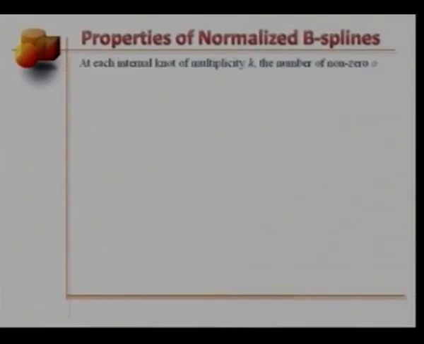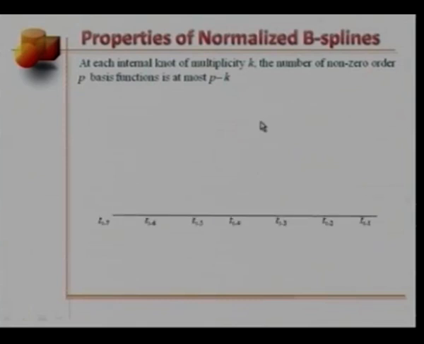For now, at each internal knot of multiplicity k, the number of non-zero order p basis functions is at most p minus k. We can see this graphically. We have the knots Ti minus 7, Ti minus 6, Ti minus 5, Ti minus 4, Ti minus 3, Ti minus 2, and Ti minus 1.